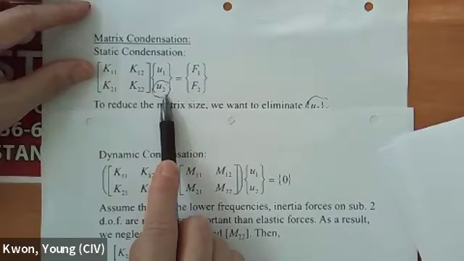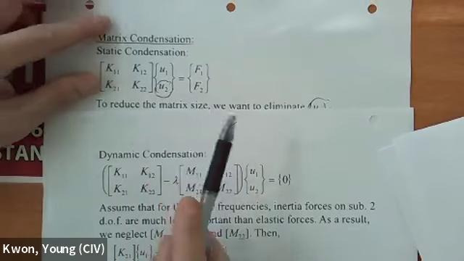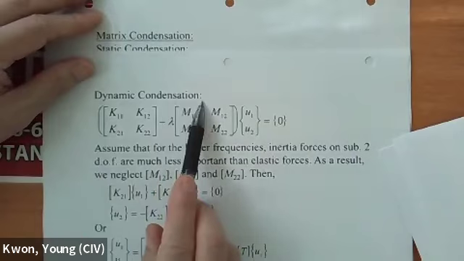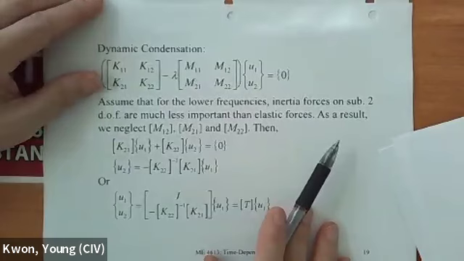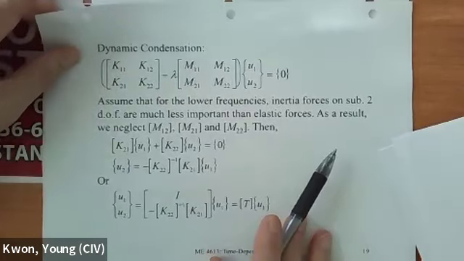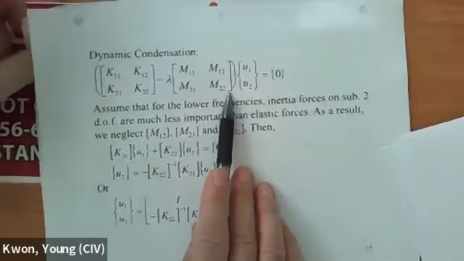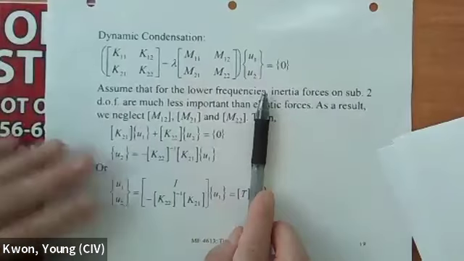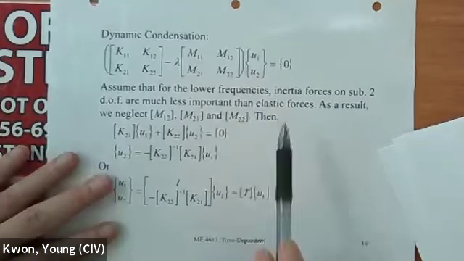Not just the inverse, finding the eigenvalues and eigenvectors is much more time consuming. So in that aspect, dynamic condensation was much more popular, but with advances in fast computer technology, nowadays some people do not worry about that anymore because you have a high-speed computer at hand. But anyhow, let's talk about this concept briefly here.